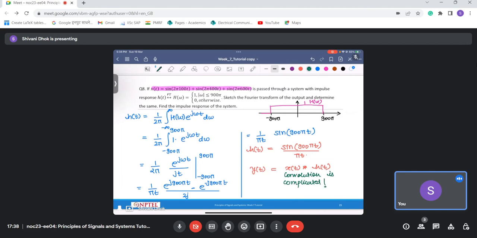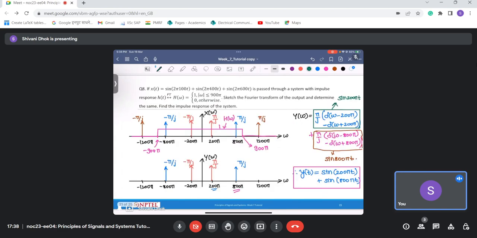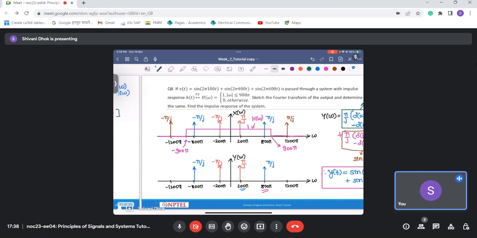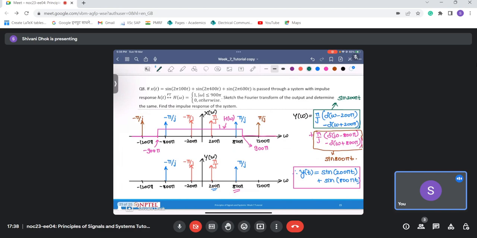But if we treat the same question in the frequency domain, it is simply multiplication of X of omega, the Fourier transform of the input x of t, and the Fourier transform of the impulse response of the system, H of omega, which results in this.